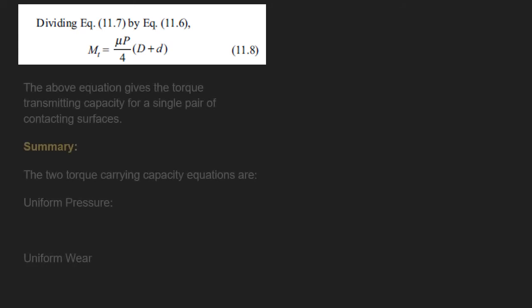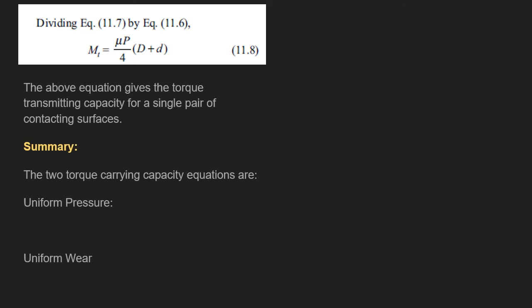So dividing torque by force, we get the final torque equation as Mt equal to mu P by 4 into (D plus d). This is the torque equation for uniform wear theory, which is largely applicable for worn out clutches, and this formula gives the torque transmitting capacity.